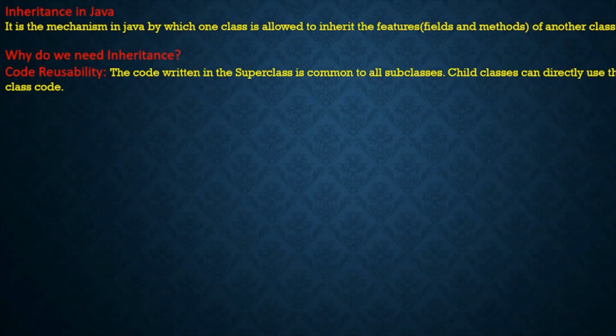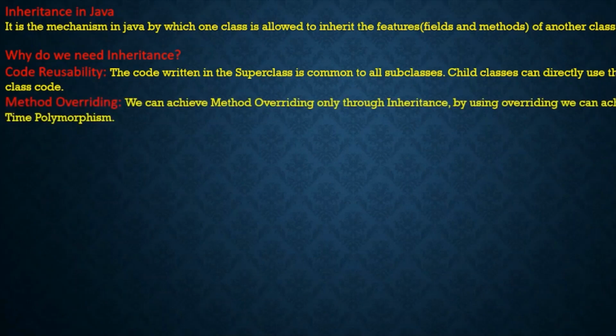So by that we are achieving reusability. For example, we have a method in class A. Whenever we write class B extends class A, then whatever method is there in class A is also going to be a part of class B, because we are doing the inheritance.